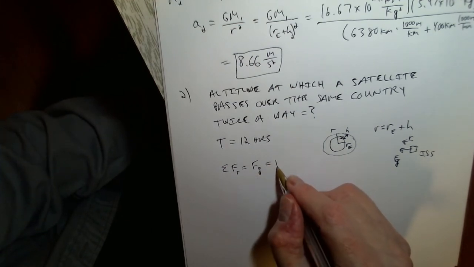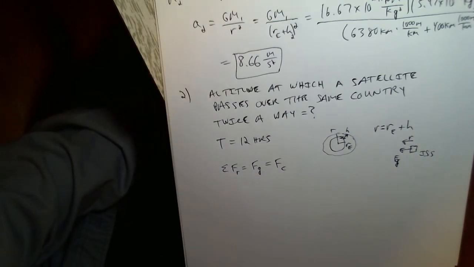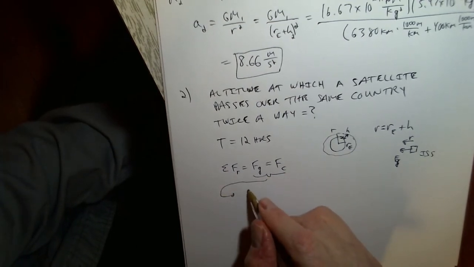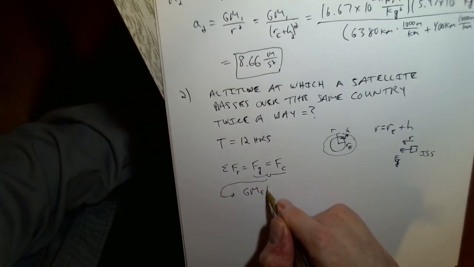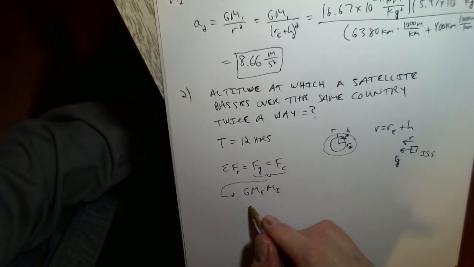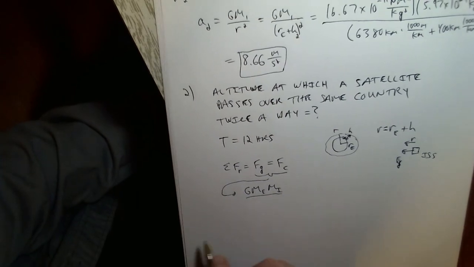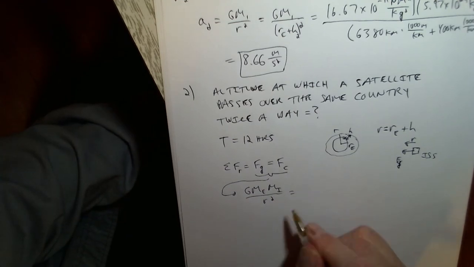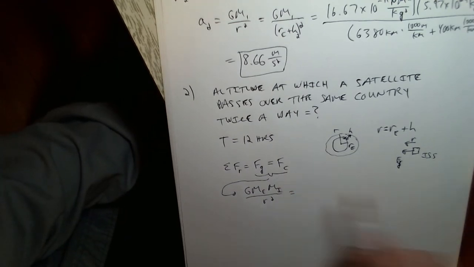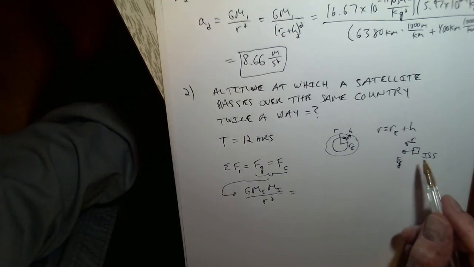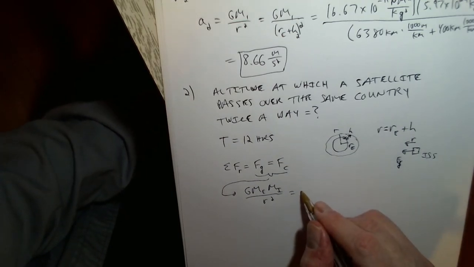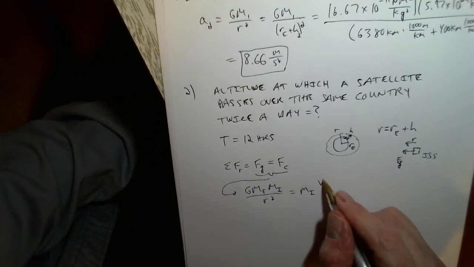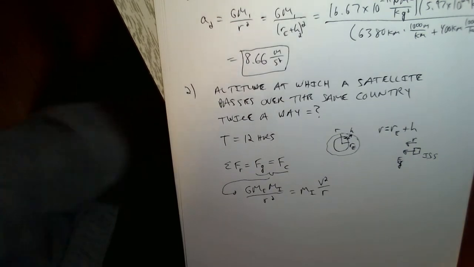And so you get the force of gravity, which is G, mass Earth, mass International Space Station, which I was calling 1 and 2 in the previous problem. I'll call them Earth and I here, divided by r squared, is equal to the centripetal force on the thing that's moving in the circle, which is the International Space Station. So the centripetal force is the mass of the thing that's moving in the circle, mass ISS, times v squared over r.